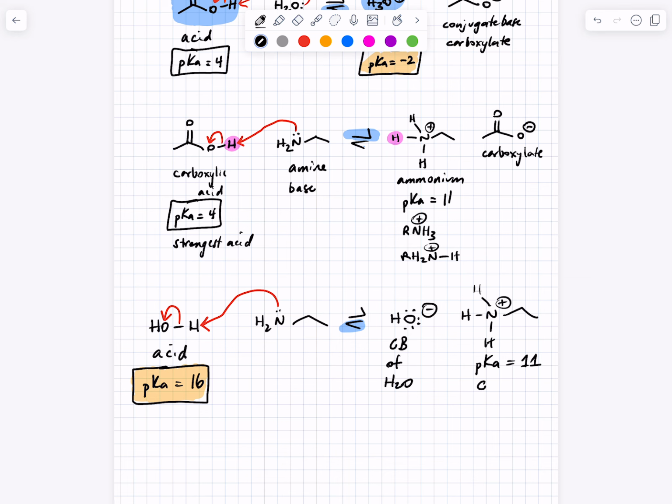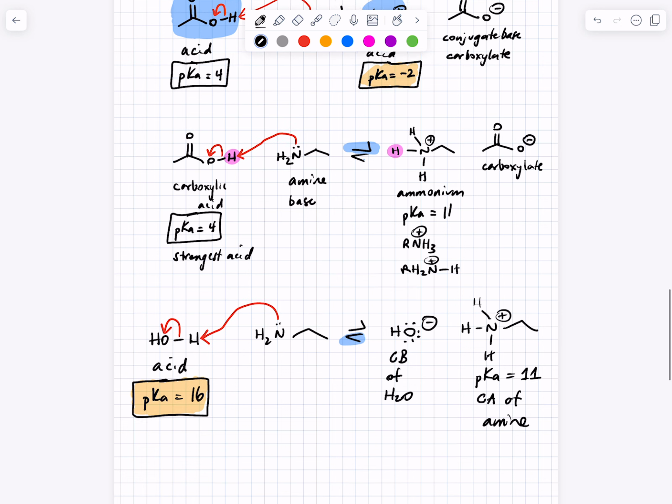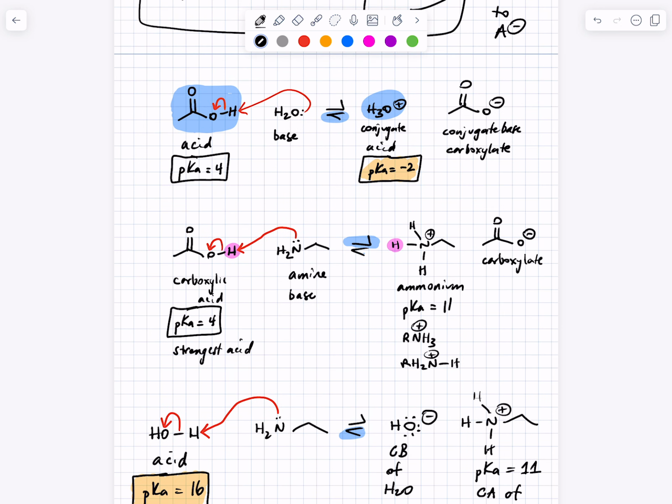And the ammonium is the conjugate acid of the amine. Thank you. Yep, good. Yeah. So will a conjugate base always have a negative charge? That is a great question. And you'll see that the answer is no.